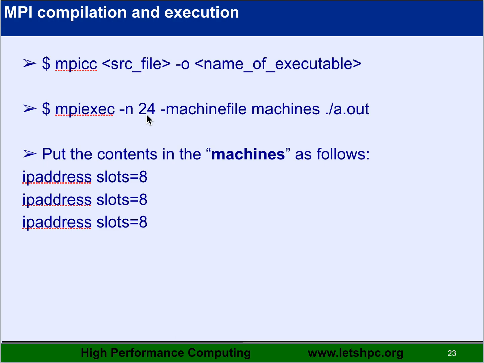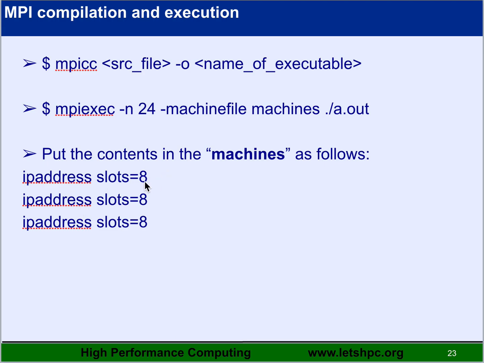So you have a choice. Either you can get 16 from node 1 and 8 from node 2. Then you can just include the first two statements. You have to make slots equal to 16 and slots equal to 8 here, and you just give the IP address of the first node and the IP address of the second node.